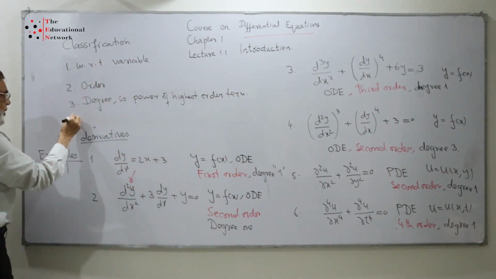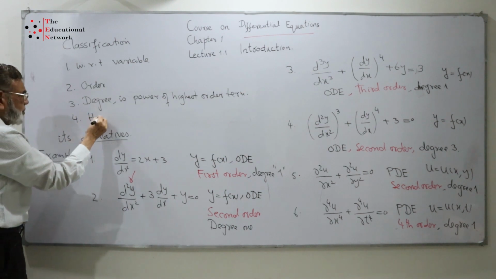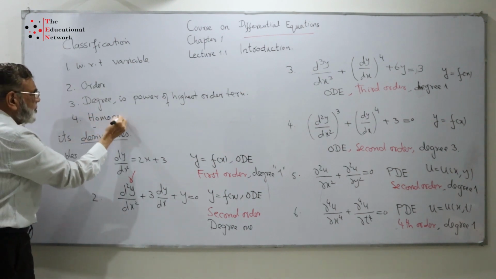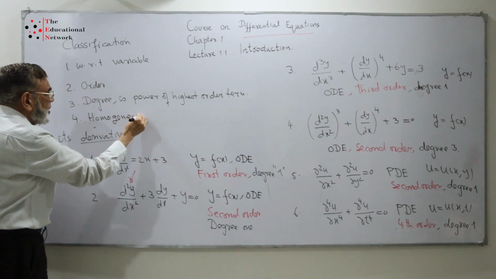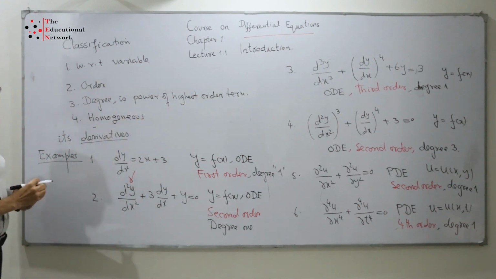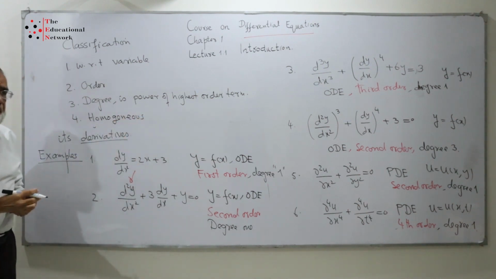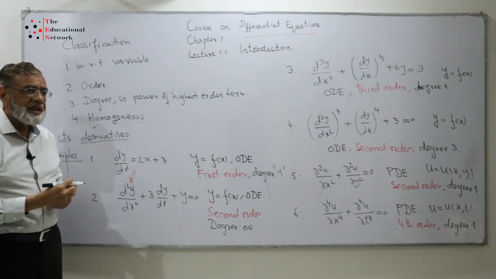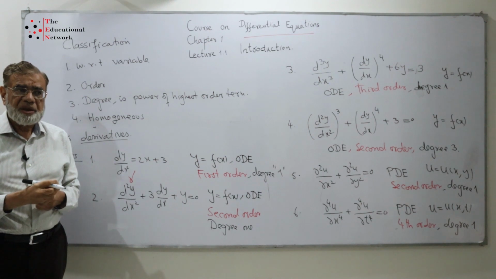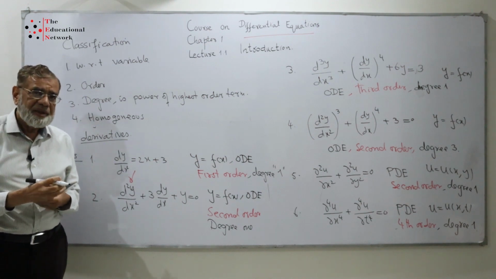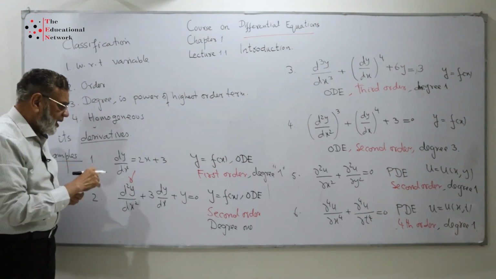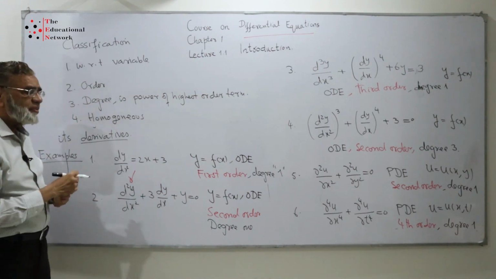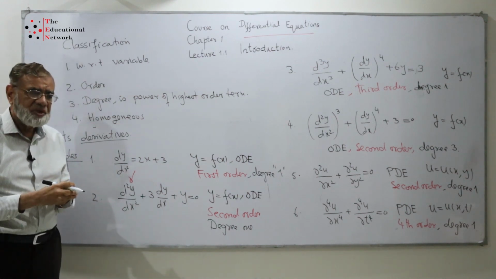Number 4, we say is homogeneous or non-homogeneous. It's very easy. When the dependent variable is present in all the terms, that's known as homogeneous.